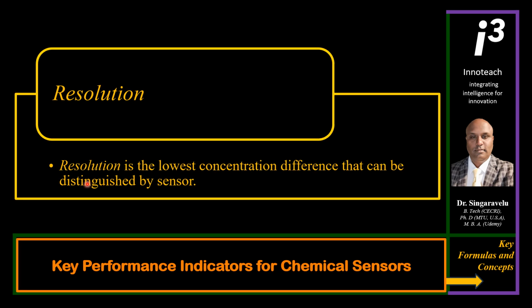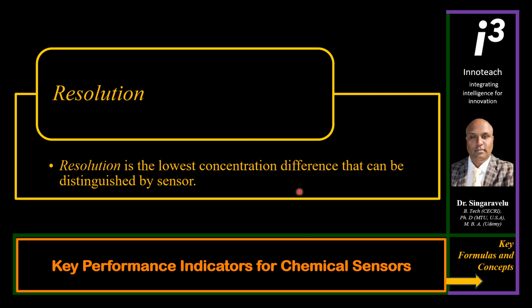What's resolution? It is the smallest or lowest concentration difference that can be distinguished by a sensor. You remember in the sensitivity, when you increase the concentration, you will have an increase in signal as well.